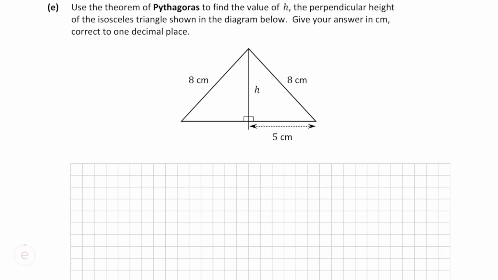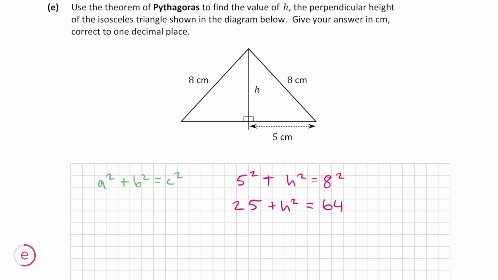Finally, in part E, we're again given the same diagram of this triangle, and we have to use the theorem of Pythagoras to find the value of h, which is the perpendicular height of this triangle. Pythagoras' theorem says that a squared plus b squared is equal to c squared for a right angled triangle. In this case, a is 5, b is h, and c is 8, since 8 is the hypotenuse of the triangle.